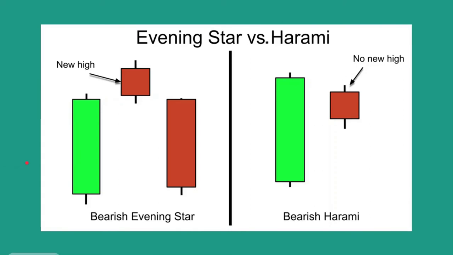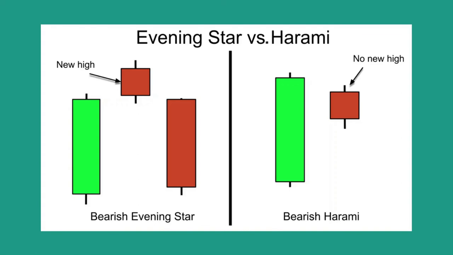Let's take a look at the difference between the evening star and bearish harami pattern, which I explained in the previous episodes. The biggest difference between these two popular candlestick patterns is that the evening star forms in 3 candles, while the harami forms in 2.